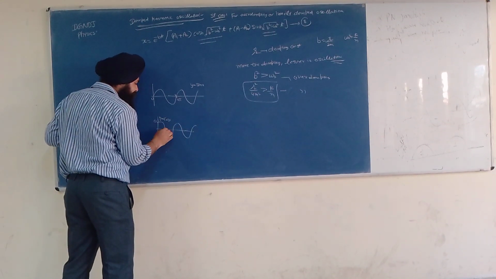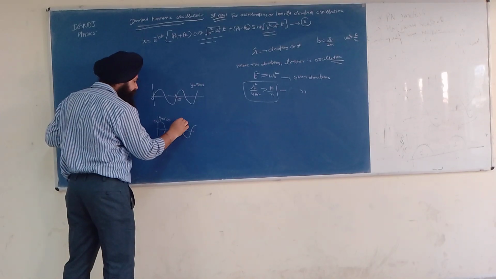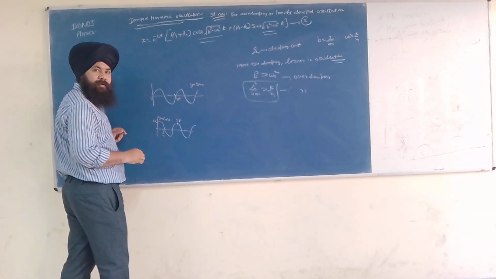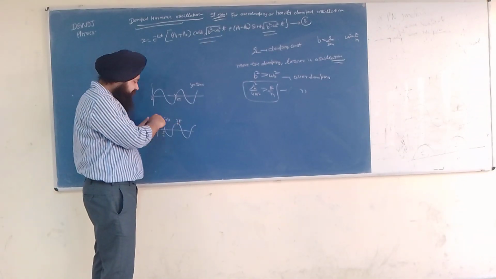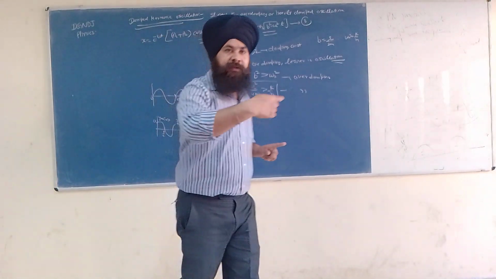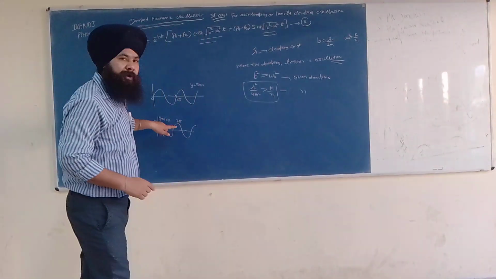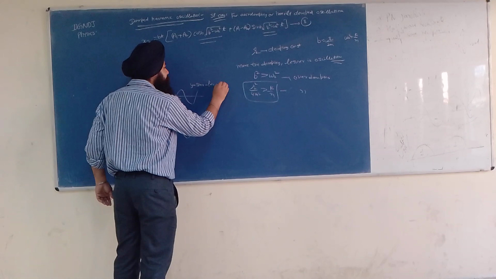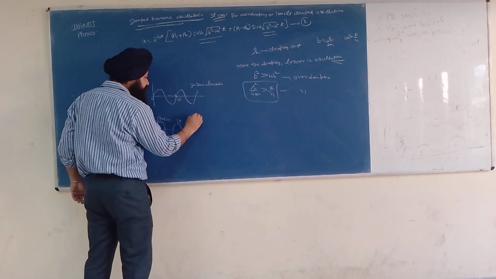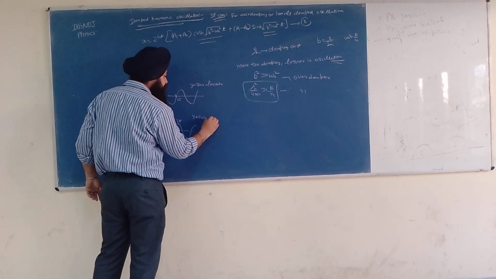This is 0, this is pi by 2, this is 2 pi. So after every 2 pi period, this cos x graph will also repeat. So both are periodic: sin x is periodic and cos x is also periodic.